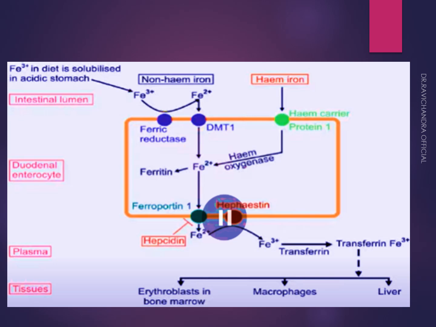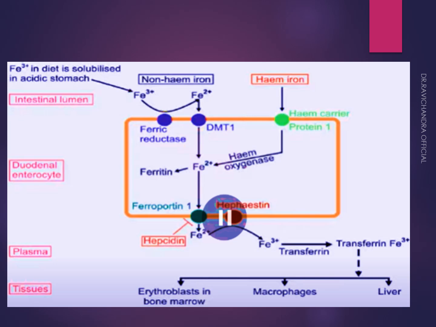If the ferroportin 1 process is increased, more and more iron is absorbed into the cell and sent to the plasma. And the excessive iron is stored in the form of ferritin.